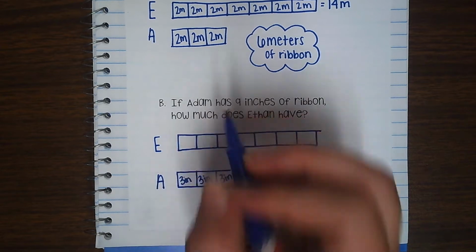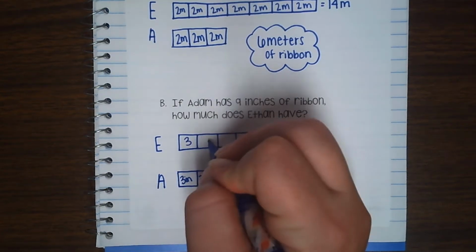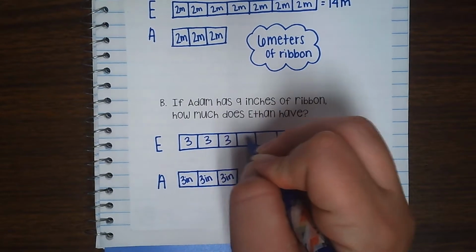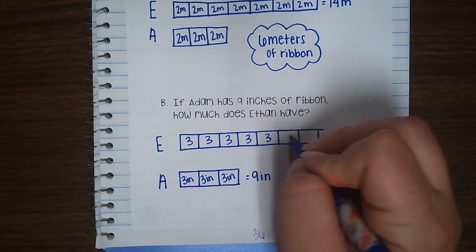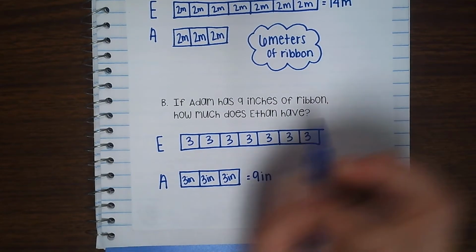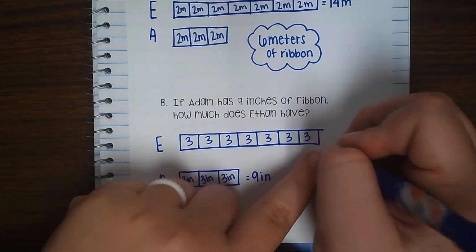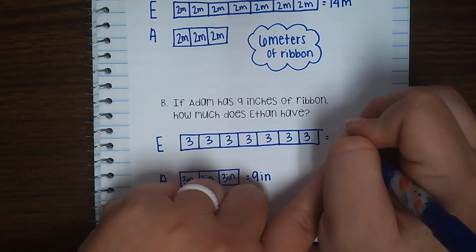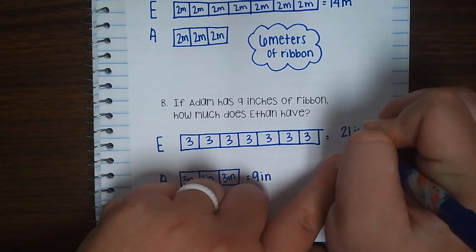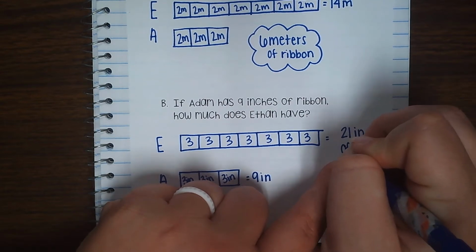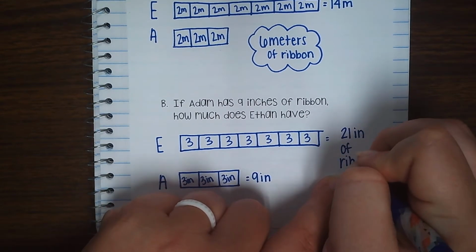So for Ethan, we would say he has 3 inches in each box. 3 times 7 would give us 21 inches of ribbon.